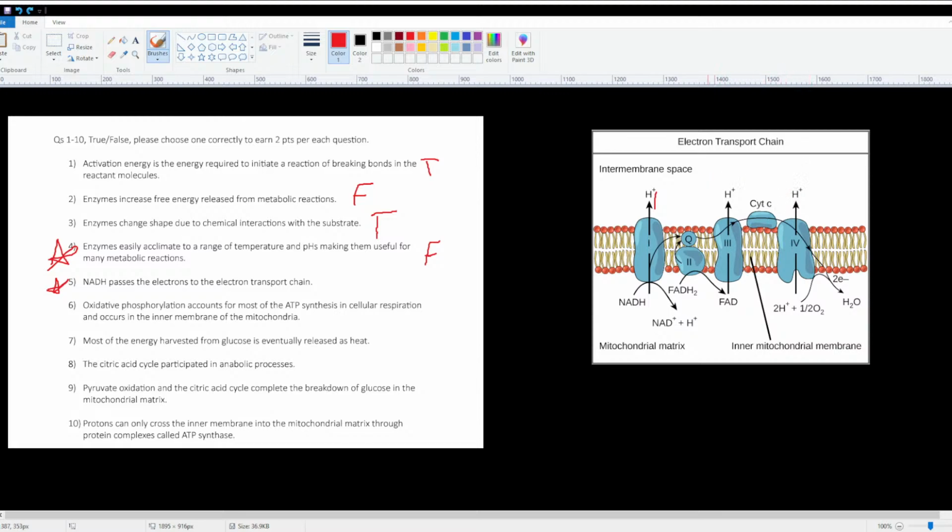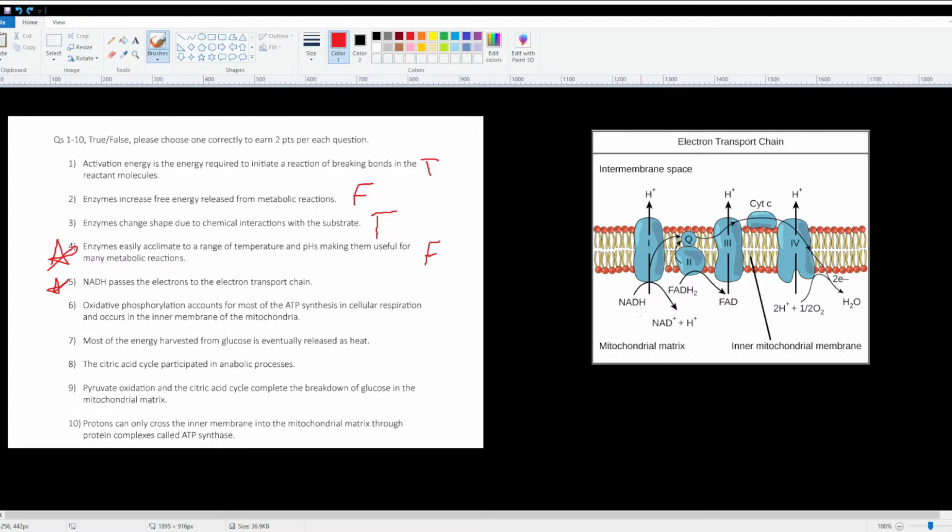The point of the ETC is to transport protons across this membrane space, so we can create a high concentration of protons to create a chemiosmotic gradient. Sorry, I'm just throwing a bunch of jargon at you. We're basically just going to create a dam, and we're going to use that dam to power ATP synthase later on.